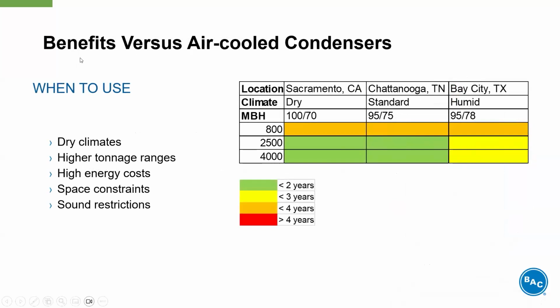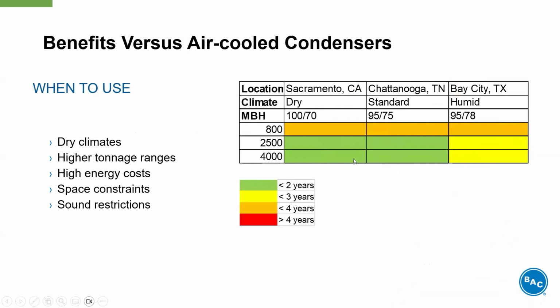So let's take a look at adiabatic versus air-cooled in terms of payback. Here we've created a matrix. We have 3 different climates, dry, standard, and humid climates, and 3 different system sizes, 800 MBH for a small size, 2500 MBH medium, and a large system at 4000 MBH.